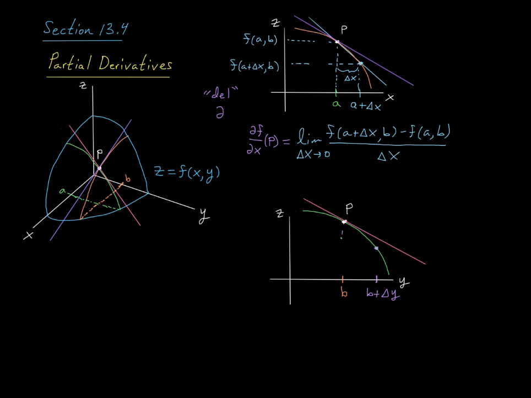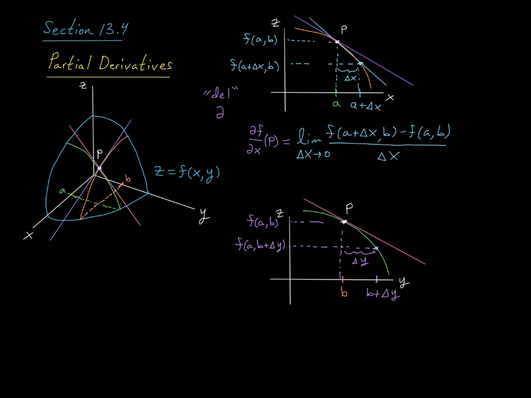And so the output at P, the z height, is just f of a, b. Then the height here would be f of a still, because x is constant, and then y would be b plus delta y. And then right here would be my little run, my delta y.